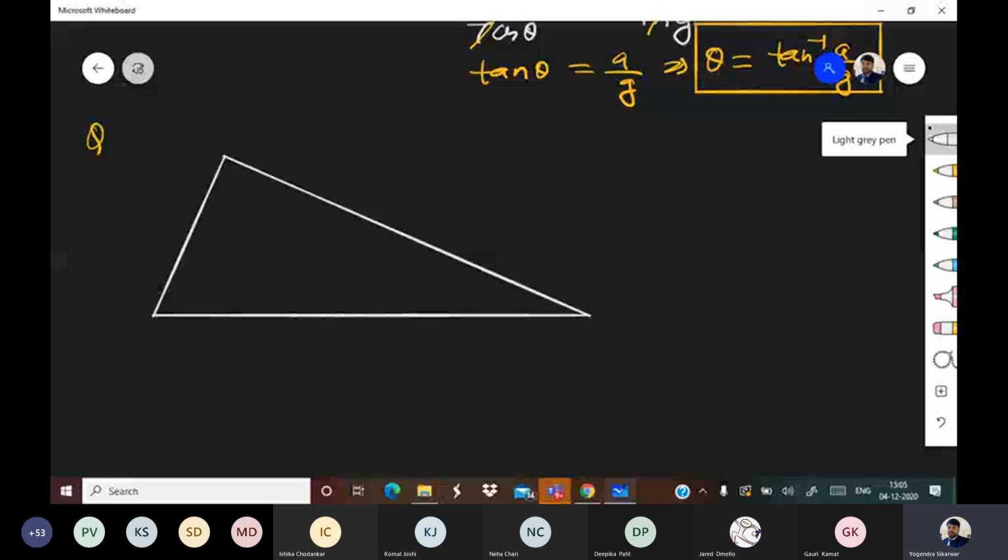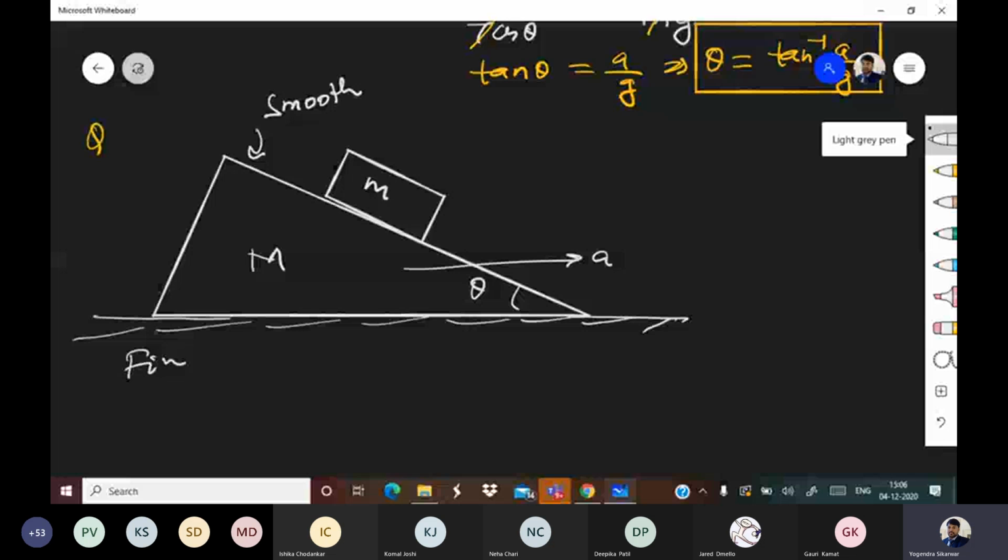This is capital M. This is small m. The question says find acceleration. This is smooth. Find the acceleration of capital M such that small m does not slip on it.